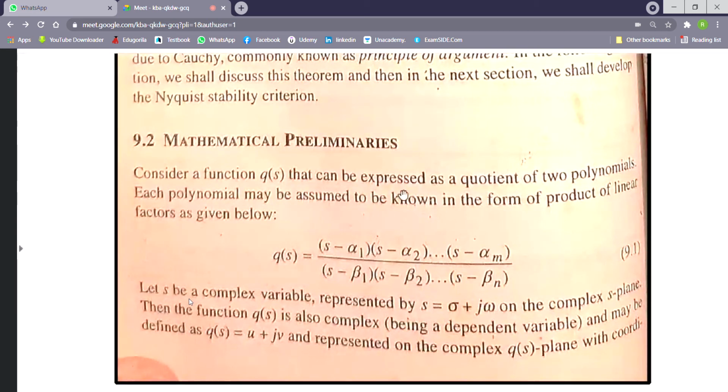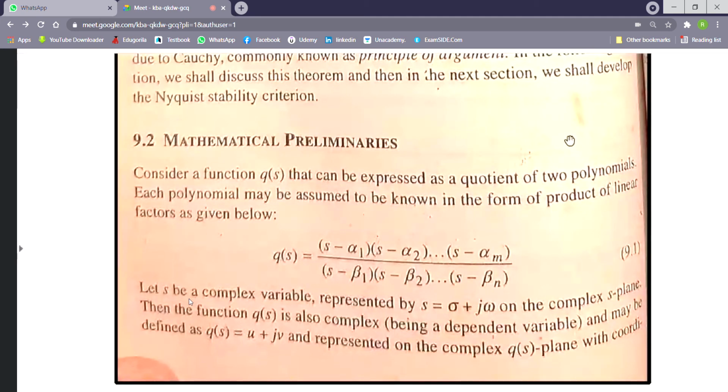Now for a particular value of S on the S plane, we are getting a value of Q(S) denoted by U plus jV. Hence, we can conceive a second plane which we'll call our Q(S) plane, and we can label the axis of that plane as U, and the imaginary axis will be denoted by jV. Okay?